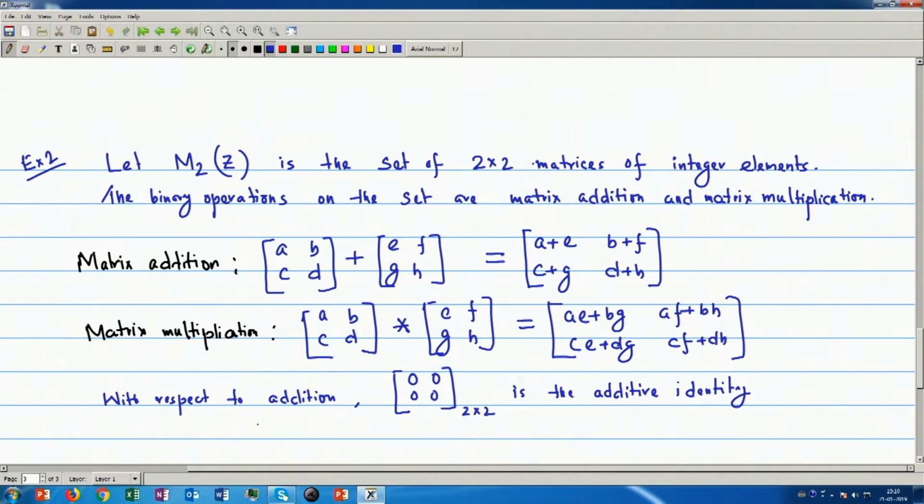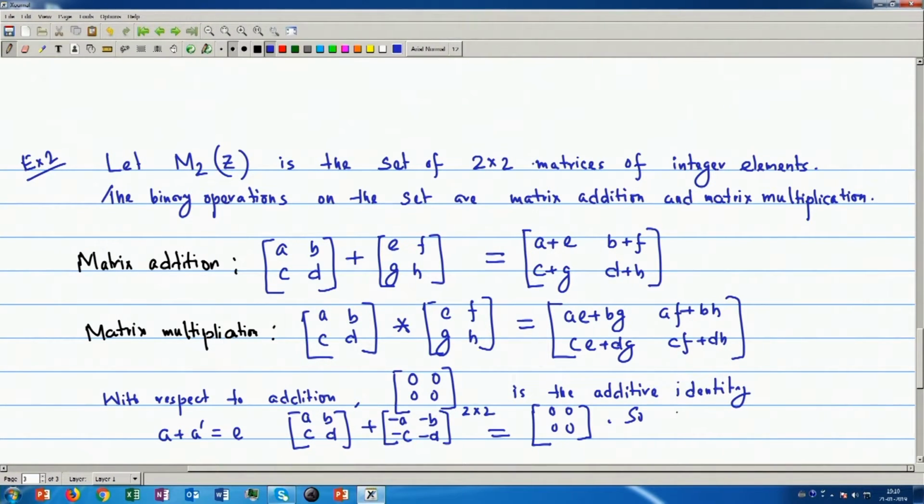We know that a plus a dash equals e. That means, if I take the 2 by 2 matrix [A B; C D], then [minus A, minus B; minus C, minus D] added to it gives me [0 0; 0 0].